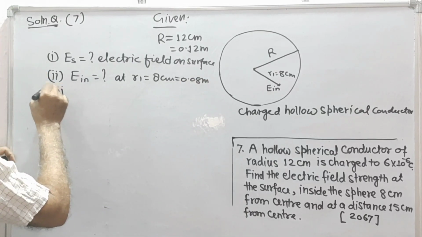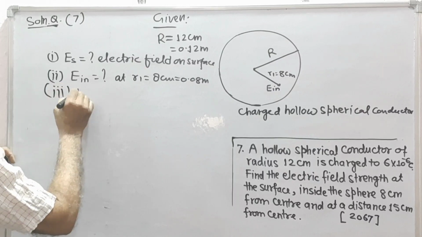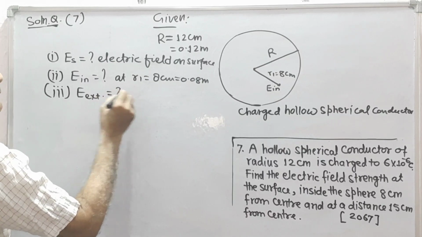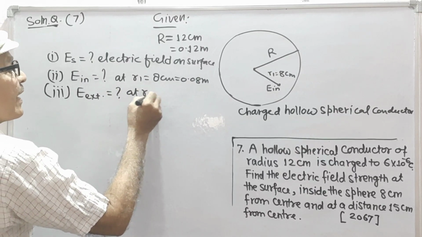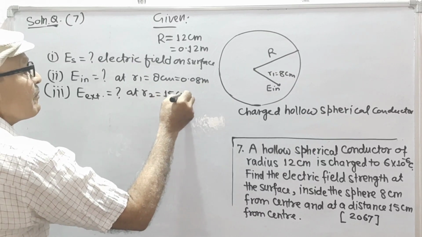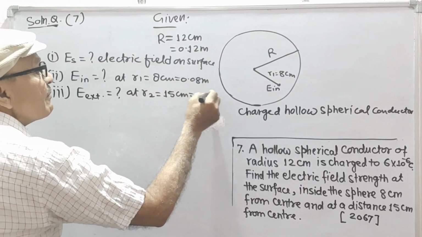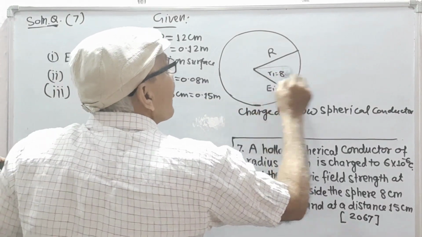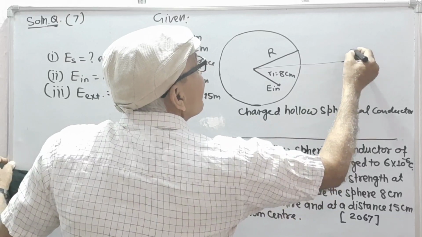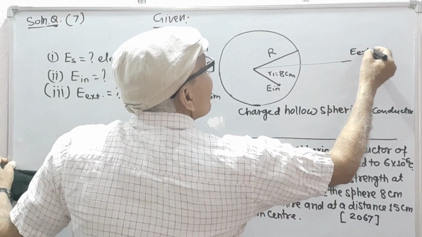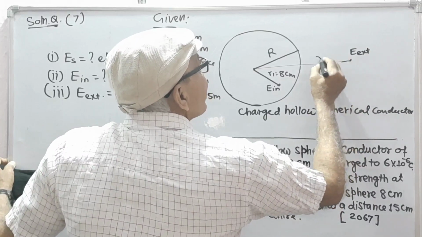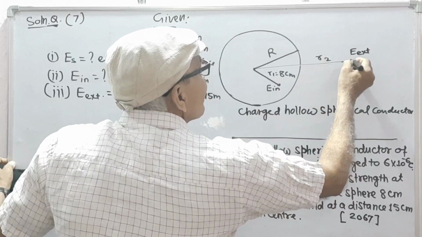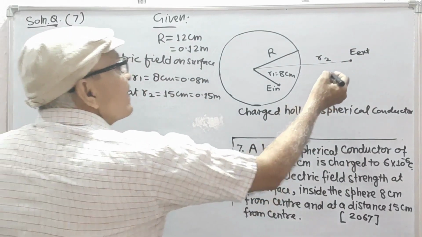Third, we have to find electric field at external point at distance R2 is equal to 15 cm, that is 0.15 meter from center. This is the external point here, where we find electric field E external at distance R2.